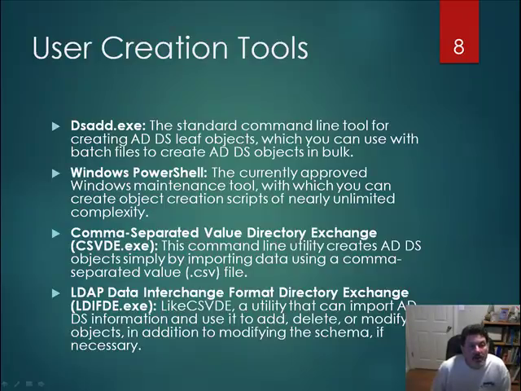Comma separated value directory exchange, or CSVDE.EXE. This is really a command line utility that we use to create Active Directory objects by importing data through comma separated value files, or CSV files. So with dsadd, I can use a text file very similarly to what I could do with CSVDE.